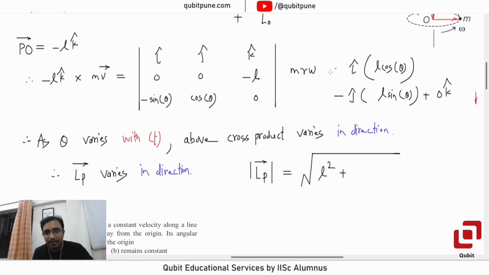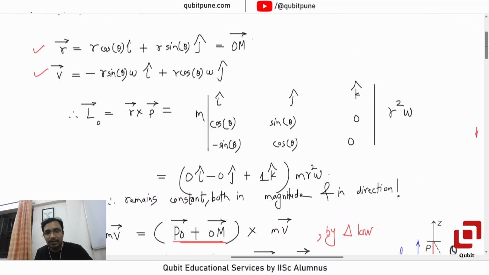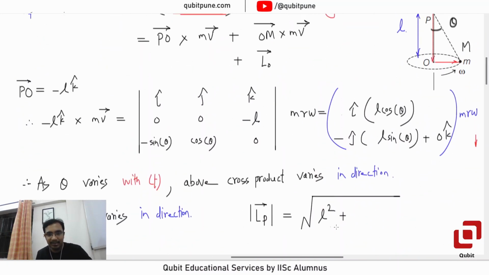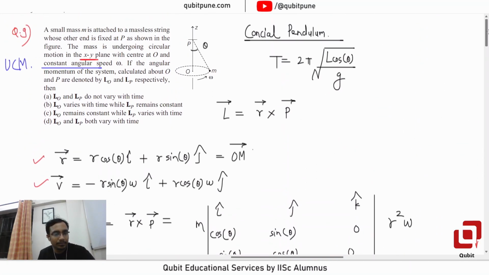Let's complete it, although we have got the answer, let us just obtain the final expression. So l squared plus R squared outside the bracket, m R omega. Understood? The magnitude is constant, but the direction varies. So which option is right? L_O remains constant, but L_P varies with time.